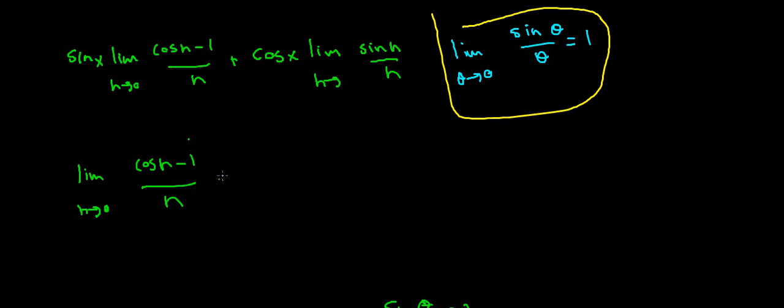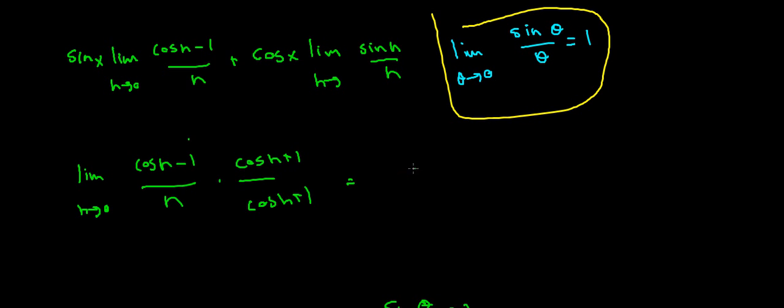So what I'm going to do is multiply top and bottom by cosine h plus 1. So I get a cosine squared minus 1, and then I can use the sine squared plus cosine squared is equal to 1 identity, and that will help alleviate some problems.